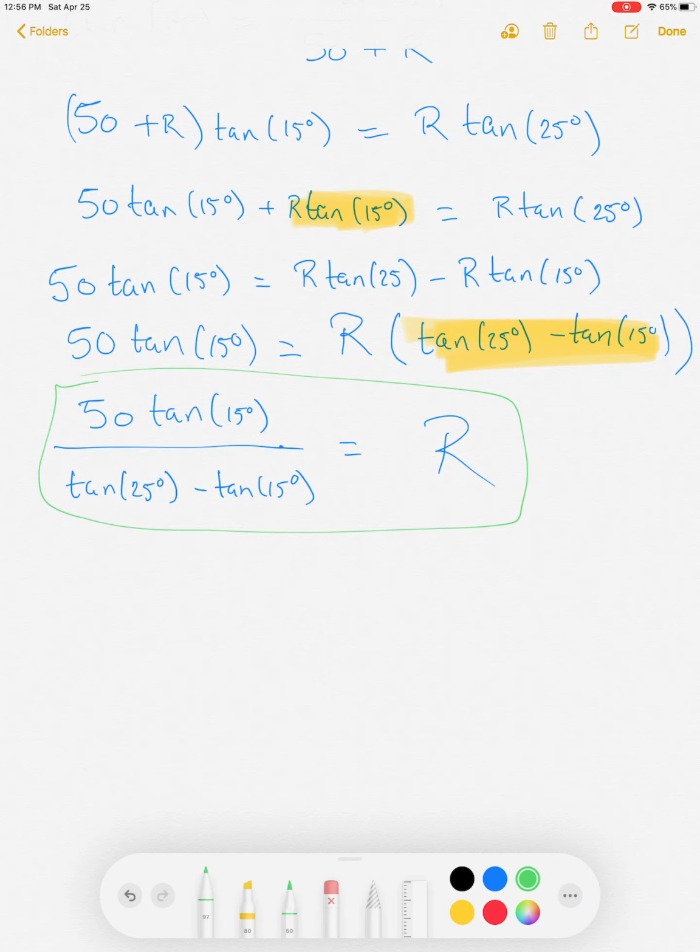Okay, so 50 times the tangent of 15 degrees is 13.40. So 13.40 divided by, and then the tangent of 25 degrees minus the tangent of 15 degrees.